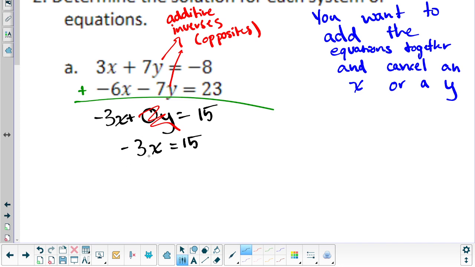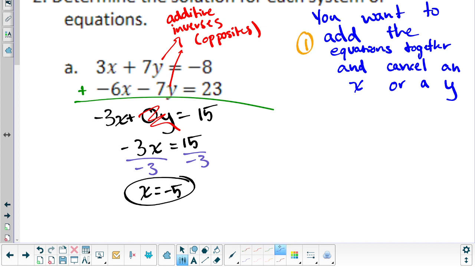I need to cancel this negative 3. The negative 3 is multiplying x since they're attached, so I'm just going to divide both sides by negative 3. And that tells me that x equals 15 divided by negative 3, which is negative 5, okay? So I'm not done yet, though, because that was really step 1.